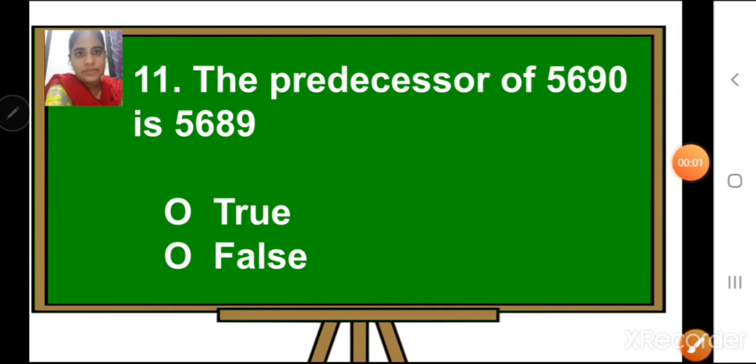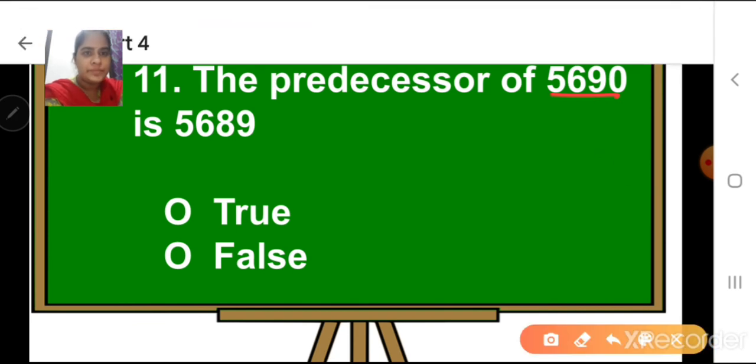Now question number 11 is, the predecessor of 5690 is 5689. Again it is a true and false question. So what is predecessor? Predecessor is the before number. Now what is before 5690?